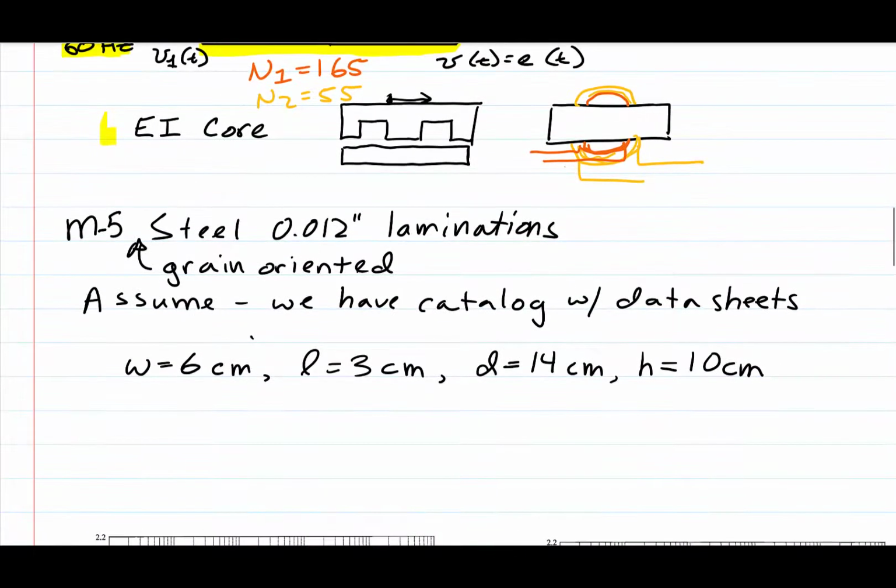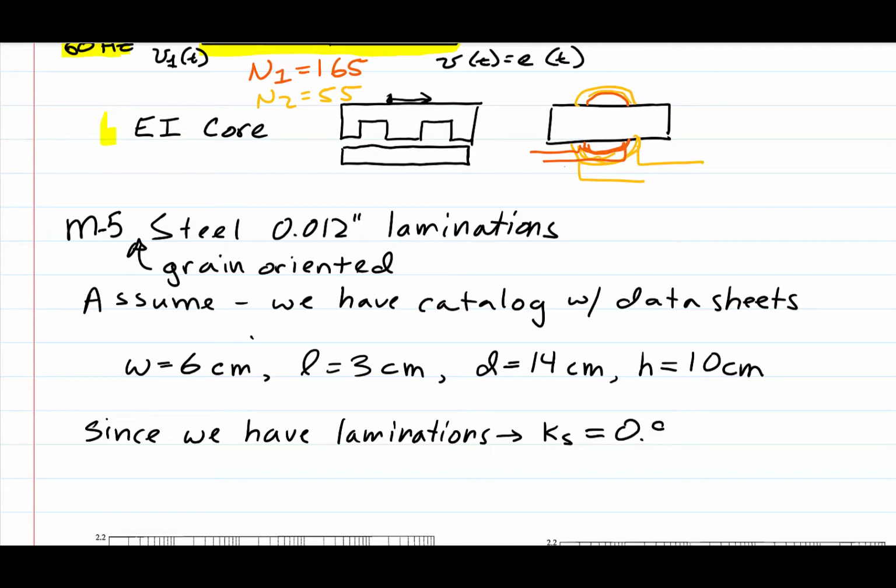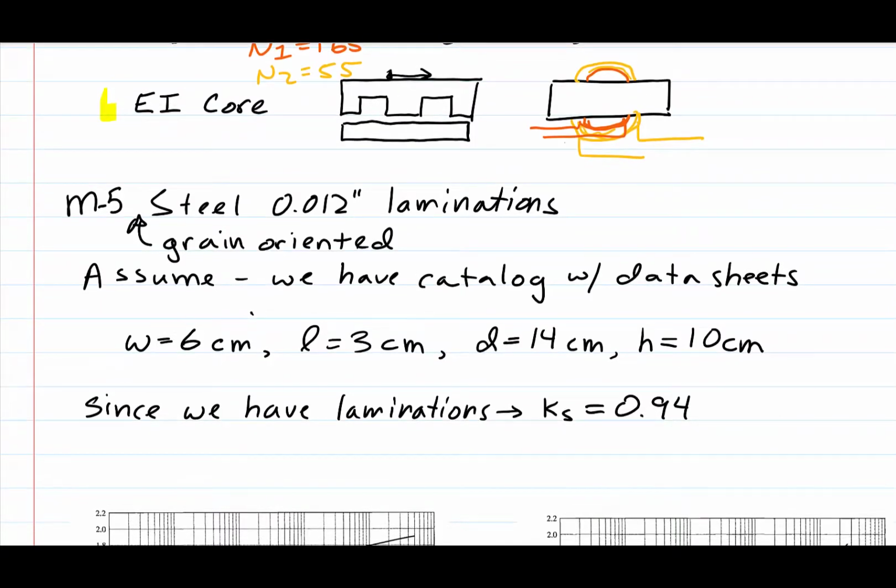Since we have laminations, we have a stacking factor, K sub S, and we will assume that that is 0.94. There's another piece of information that we're going to need, and that is the mass density of the steel, which is 7.65 grams per centimeter cubed.